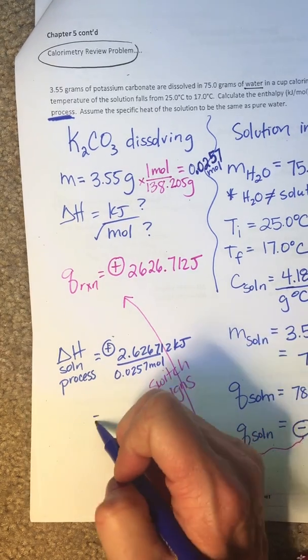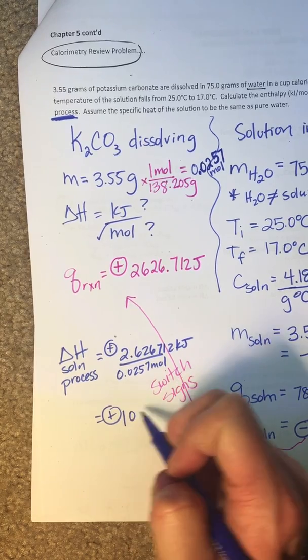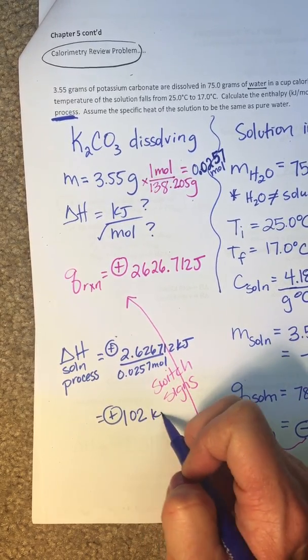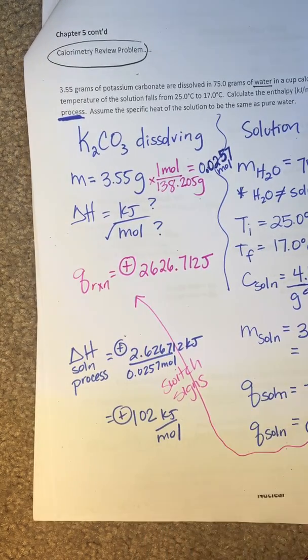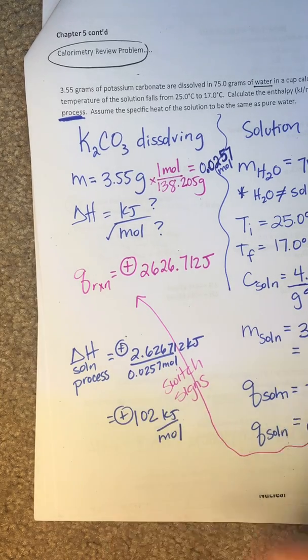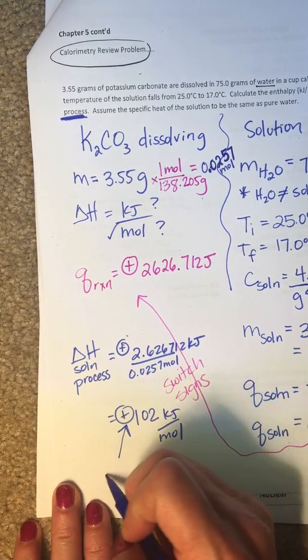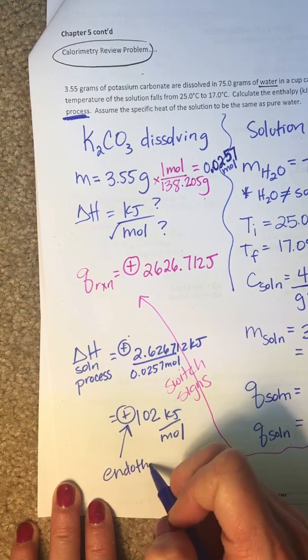Okay, so we're getting about a positive 102 kilojoules per mole. So again, that positive is telling us that this process is endothermic.